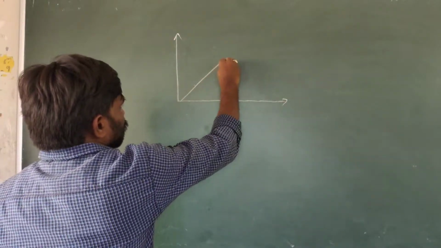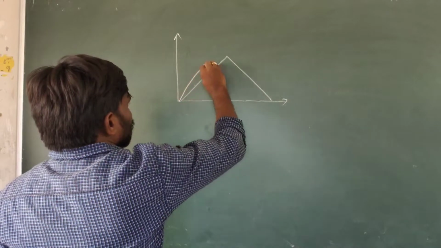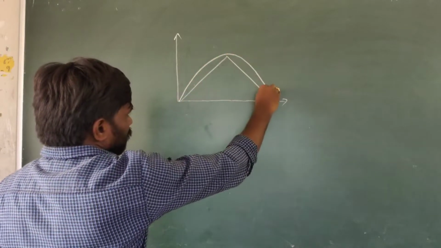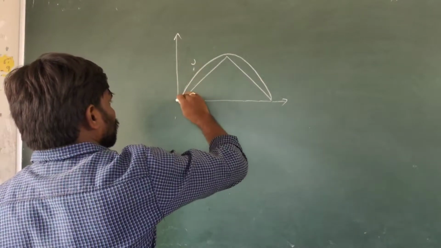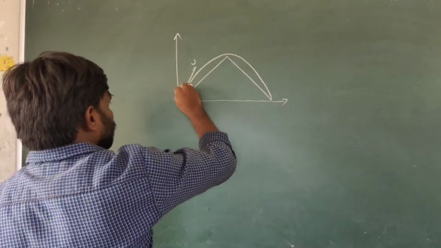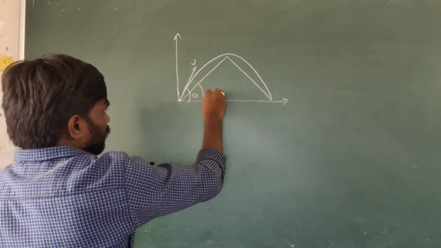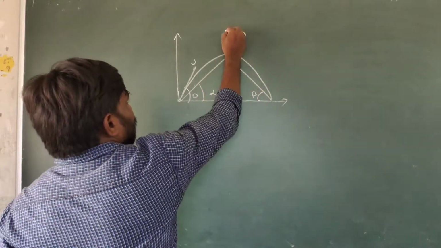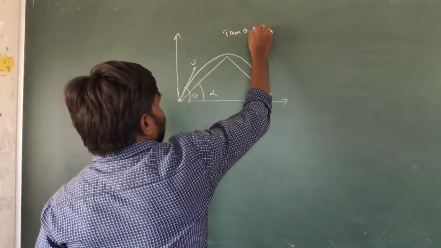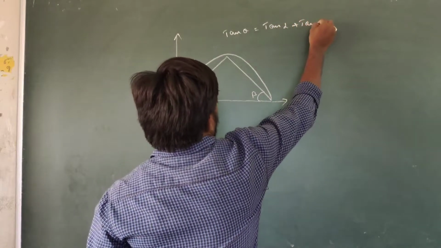Suppose this is a triangle, the body travels from here and falls on the other side of the triangle, moving with some initial velocity u. The angle of projection is theta. Here alpha and beta are the two angles of the triangle. We'll show that tan theta is equal to tan alpha plus tan beta.